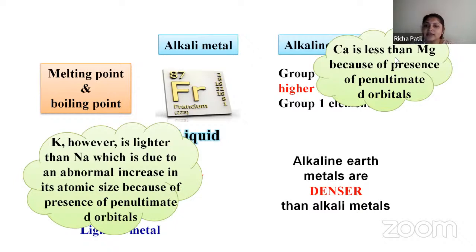When you compare the atomic sizes or melting and boiling points, you can see calcium is a bit less. After magnesium, calcium comes, but because of the d orbitals, there is a little variation.